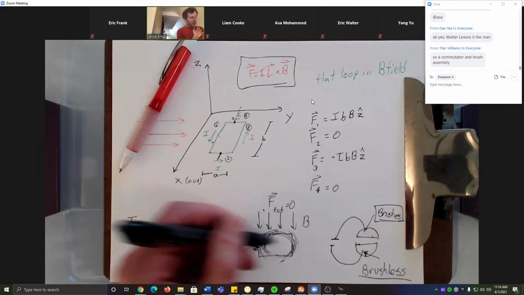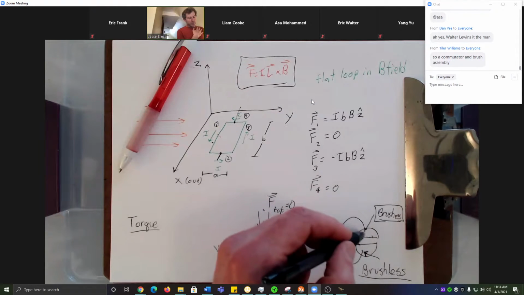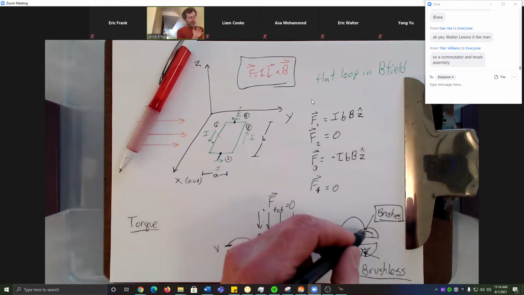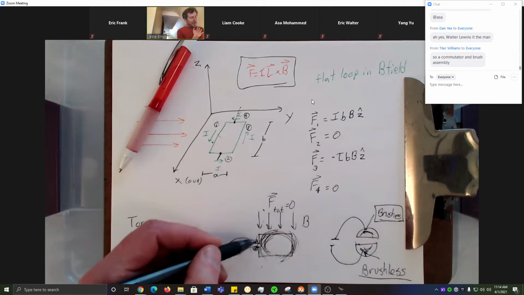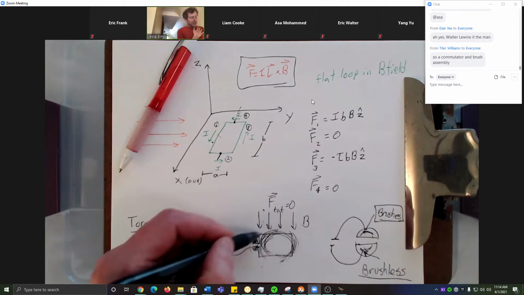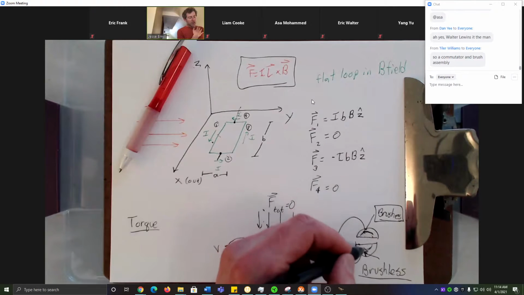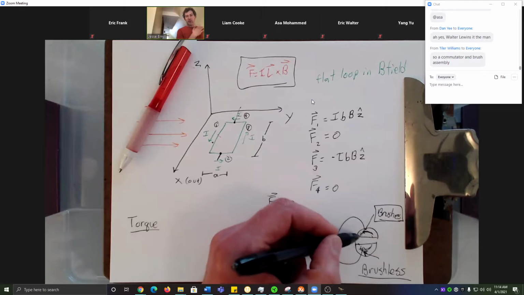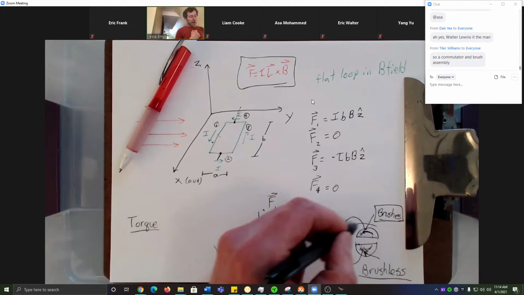So rather than having this mechanical thing, where there's friction and energy loss as the brushes drag along the metal plates, there's something that tracks exactly the position of this thing, and there's a chip that switches the direction of the current at exactly the right time, rather than wasting energy here.